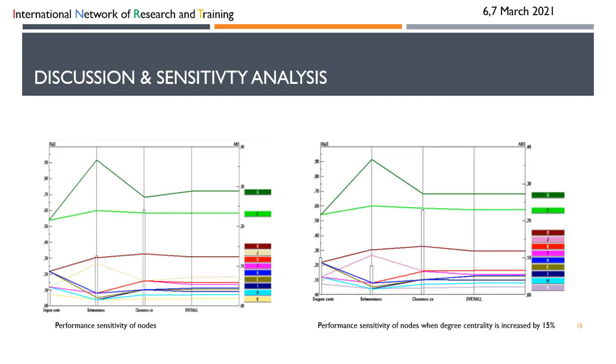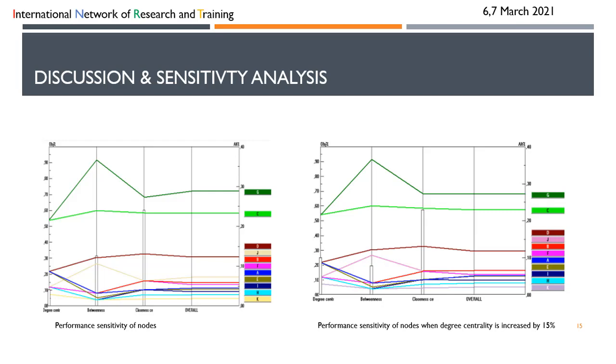So for sensitivity analysis, the software Expert Choice 11 is used to test the variation of the weights. Performance sensitivity of nodes has been analyzed when degree centrality, betweenness centrality, and closeness centrality are each increased by 15% from their current level. So this is the performance sensitivity of nodes when degree centrality is increased.